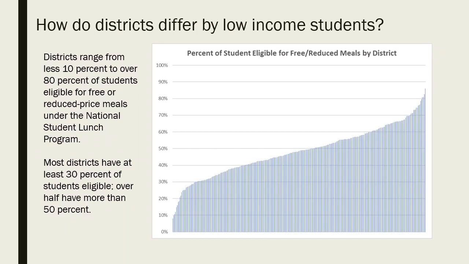Another area where districts vary dramatically is in the percent of low-income students, those eligible for free or reduced price meals. Kansas districts range from fewer than 10% to over 80% of students eligible for lunch support. Most districts have at least 30% of students eligible, and over half have more than 50%.